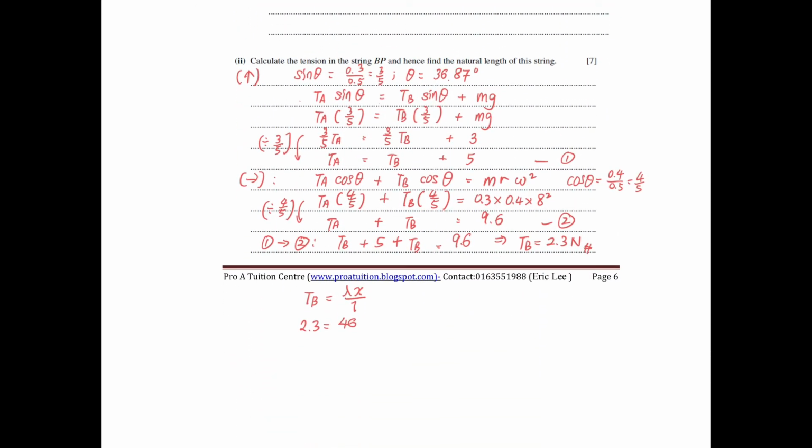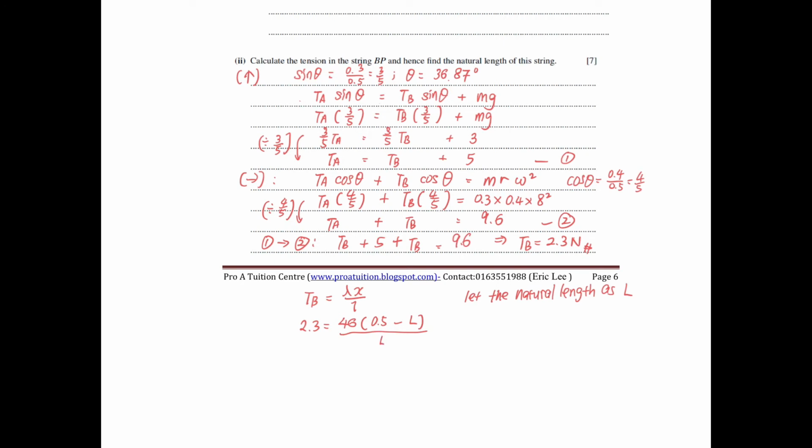So we just set up an unknown. After extension it is 0.5, and let the natural length be L. Then you minus the natural length from 0.5, and you get the extension x.